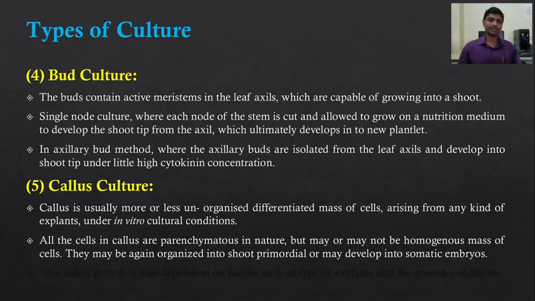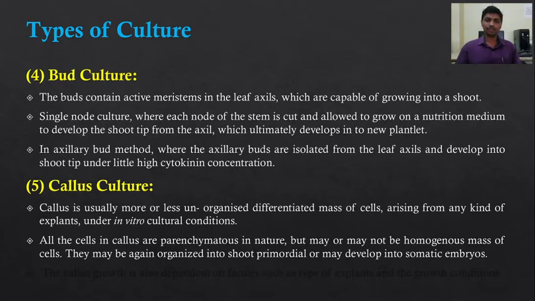These cells are the primary cells, but may or may not be a homogeneous mass of cells. They may be again organized into shoot primordia or may develop into the somatic embryos. So the callus obtained from any kind of explant under in vitro cultural condition can be induced to produce the shoot, or it may develop into the somatic embryos.